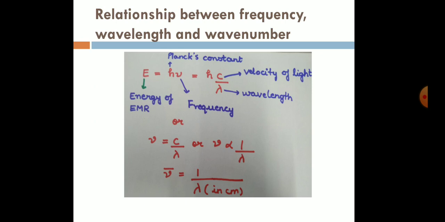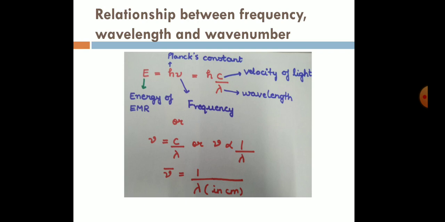Now let us see the relationship between the 3 characteristics, that is frequency, wavelength and wave number. Energy of electromagnetic radiation is given by the equation E = hν, where h is the Planck's constant and ν is the frequency. There is another equation where ν is replaced by c/λ.